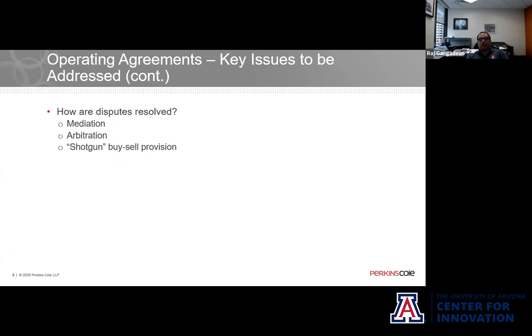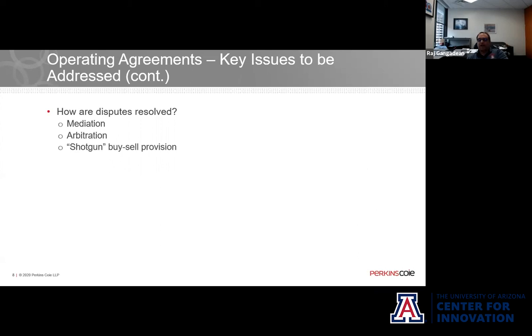Sometimes you have what's called a shotgun buy-sell provision. This works pretty well, especially when you have a two-person 50-50 LLC. The way this works is, when you get to a deadlock, either party has the right to make an offer to buy the other person's interest.